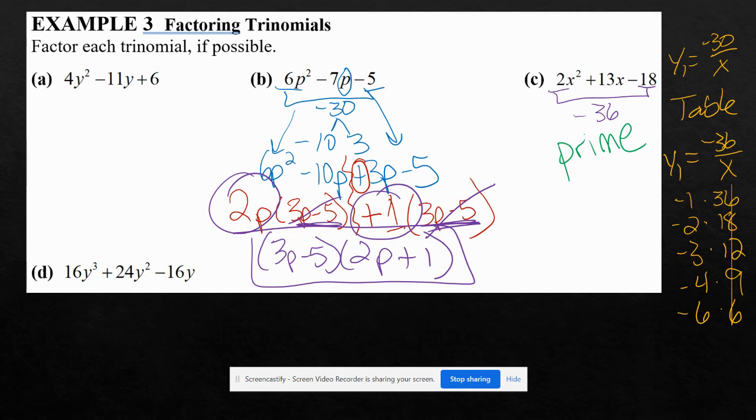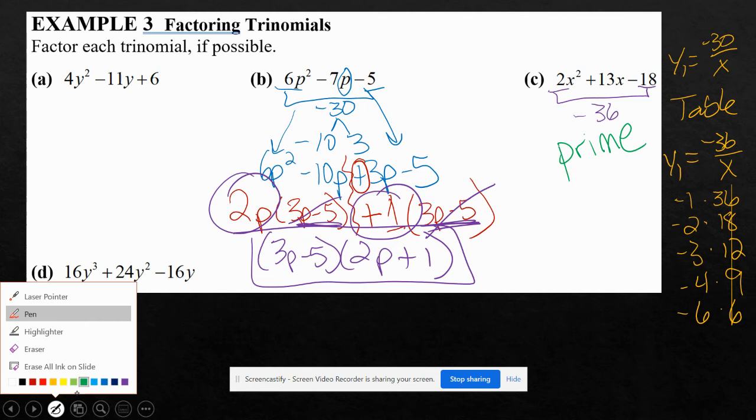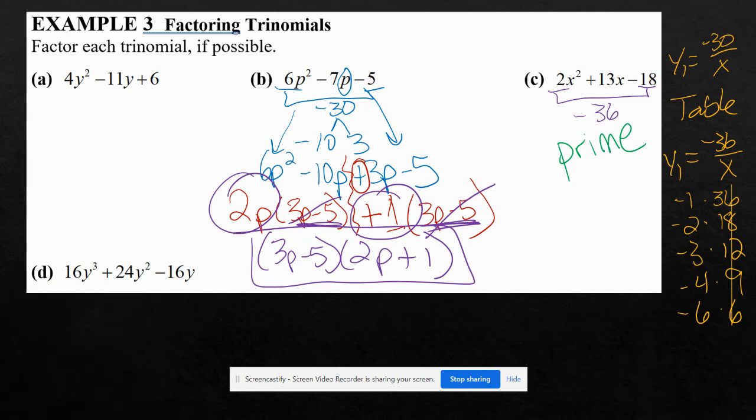All right. Last but not least, we have this letter D. And remember we said we always check for our greatest common factor first, which we've talked about for all the other three. But this time when I look at 16, 24, and 16, I have a greatest common factor of 8. And then they all have a y.